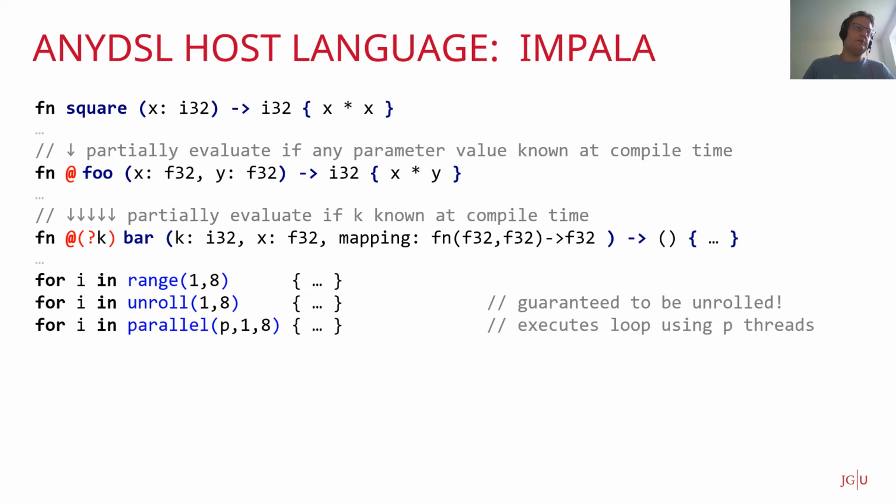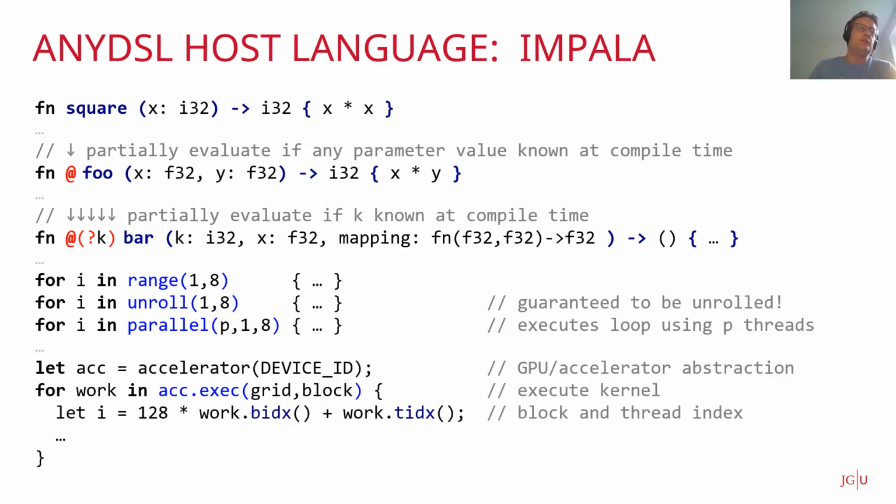Thread parallelism is expressed in a similar way. You have this function parallel, which is also predefined in Impala's runtime, where p is the number of threads, and then the iterations from 1 through 7 are then distributed over the p threads. GPUs are programmed in a similar manner.